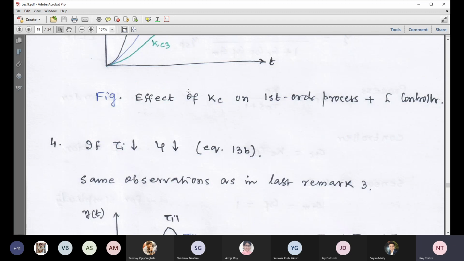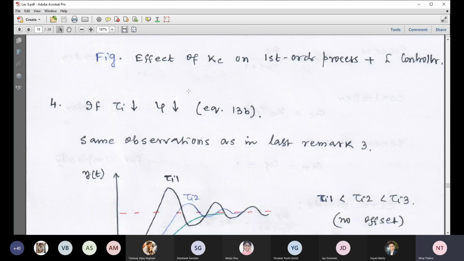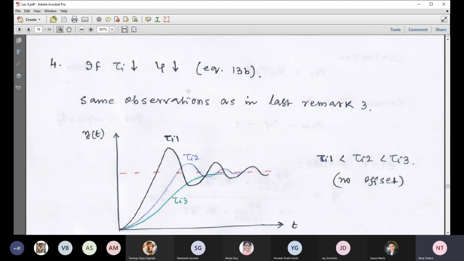Now let us come to the fourth point, where we are considering the decrease of tau I. Zeta decreases because tau I is present in the numerator in equation 13b.